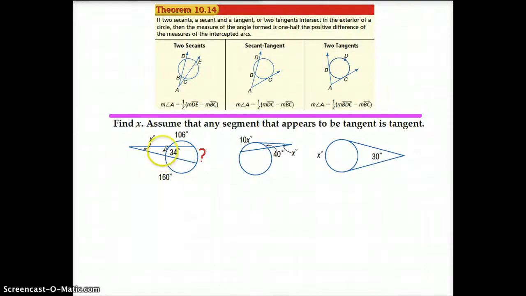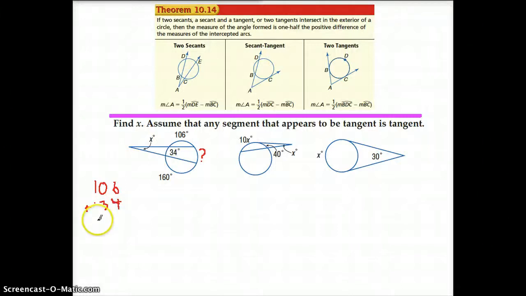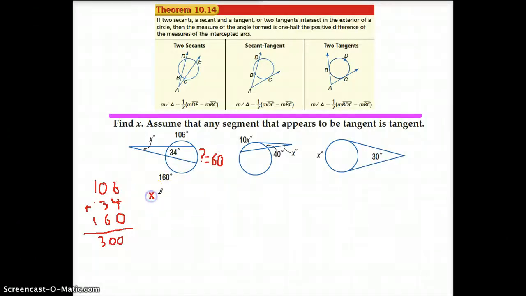Now what I can do to find that is I can add 106 plus 34 plus 160. Add those 3 up, and that is 300, leaving just 60 for here. So my angle X should equal 1/2 of 60 minus 34, which if you simplify that, you'll get 13.